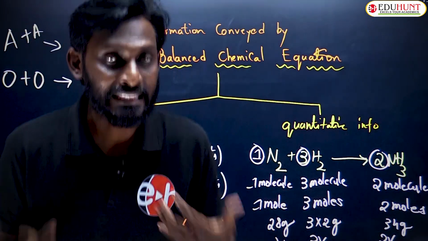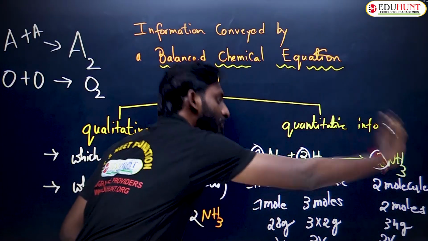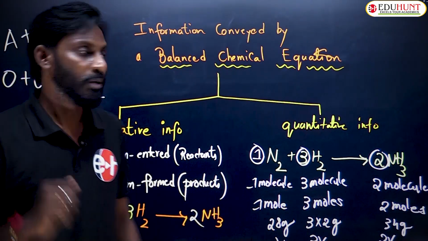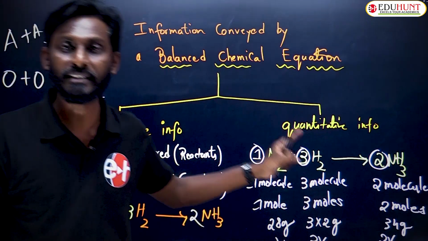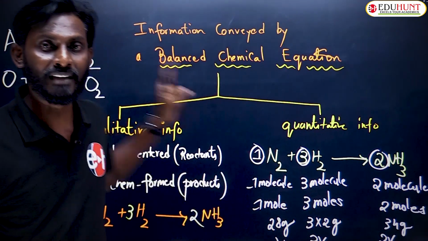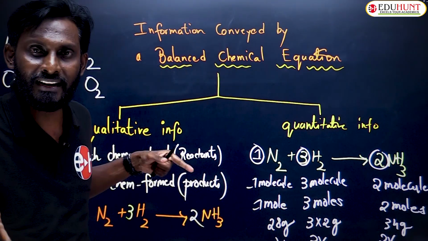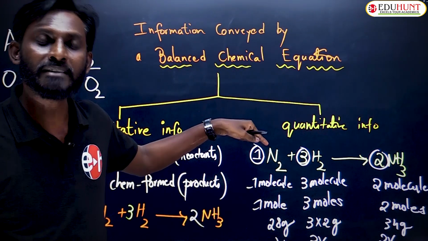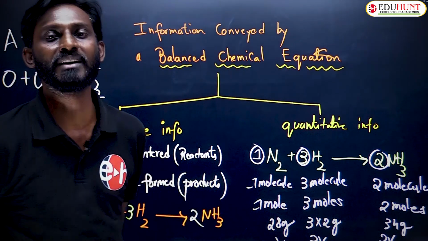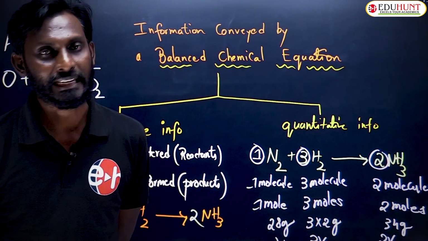So like this, a balanced equation is giving both qualitative and quantitative information, right? Qualitative means what is there and quantitative means how much is there. I hope you understand this. We are going to meet in the next concept.